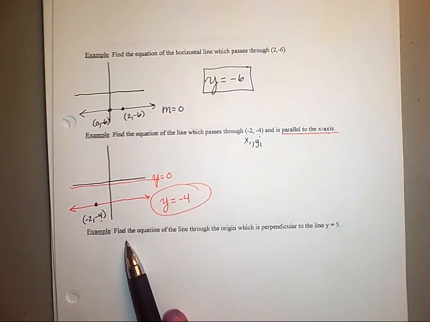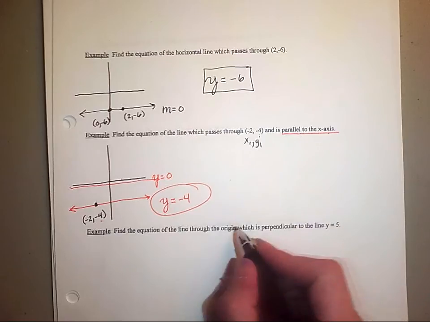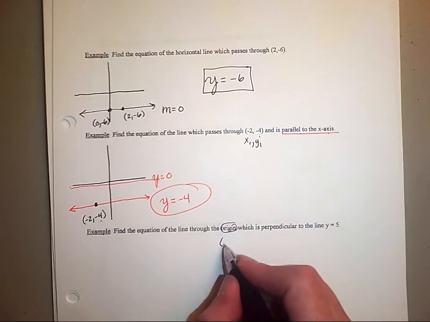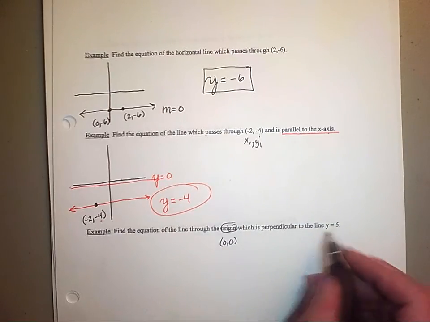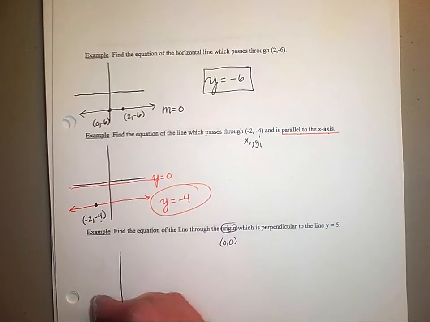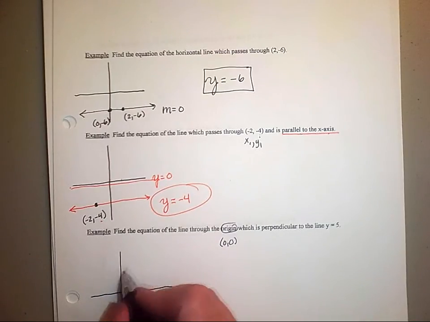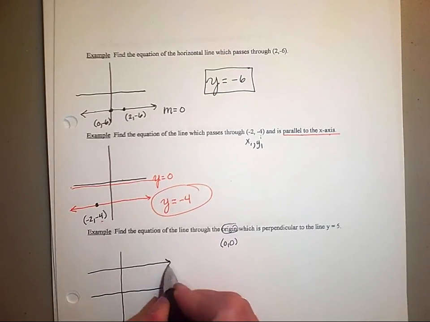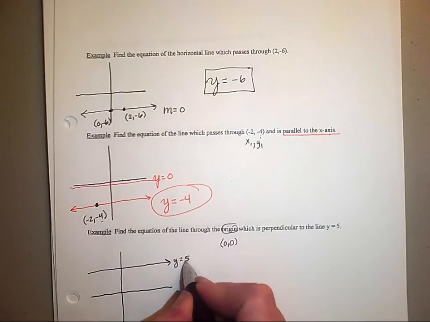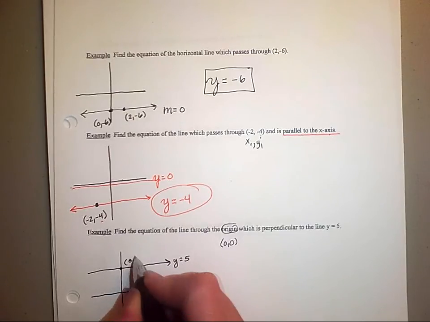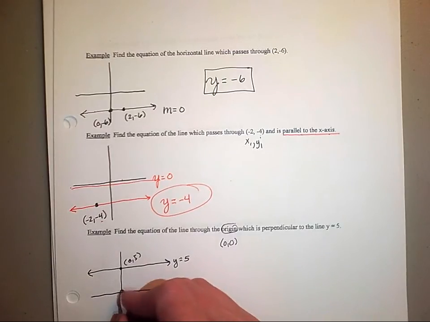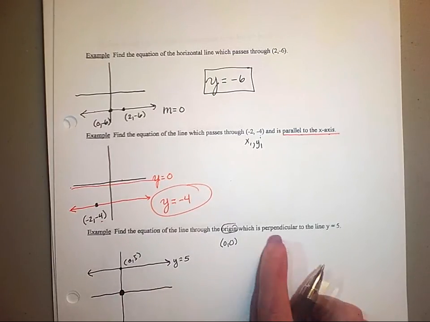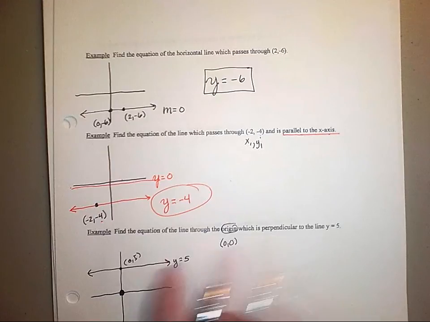Okay. Now, let's look at the next one. We need to pass through the origin. Remember, the origin is the point 0, 0, and it needs to be perpendicular to the line y equals 5. So here's the line y equals 5. We would go through this point 0, comma 5. It's got to pass through the origin. Here's the origin. And I don't want it to be parallel, I want it to be perpendicular.